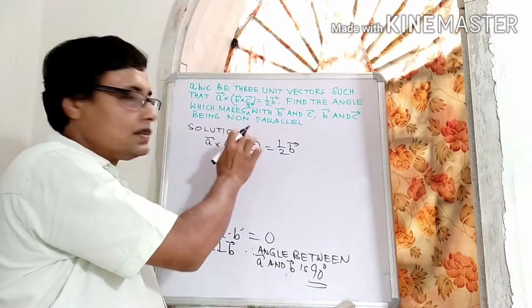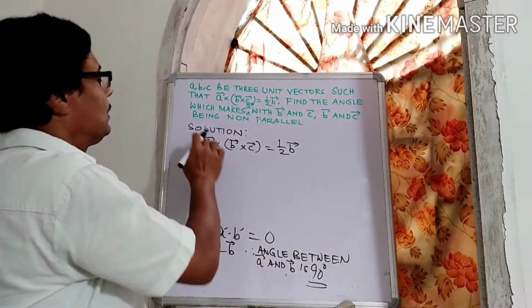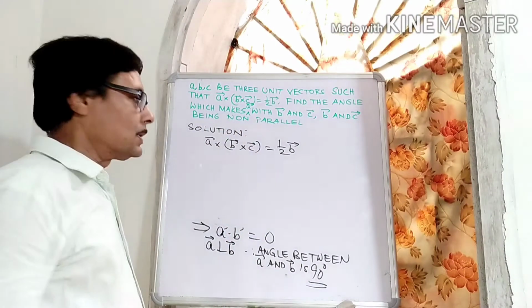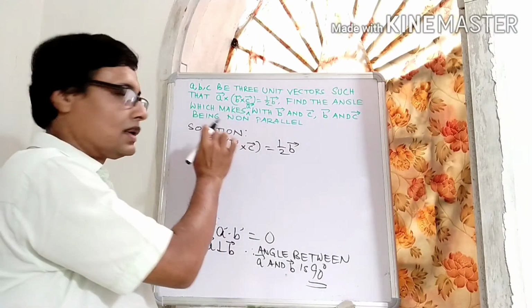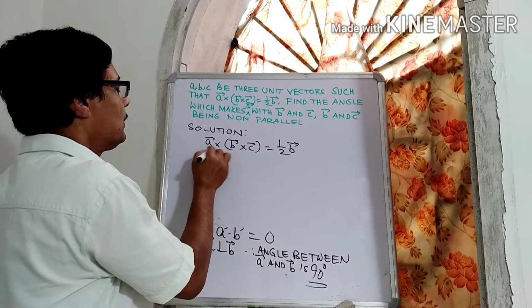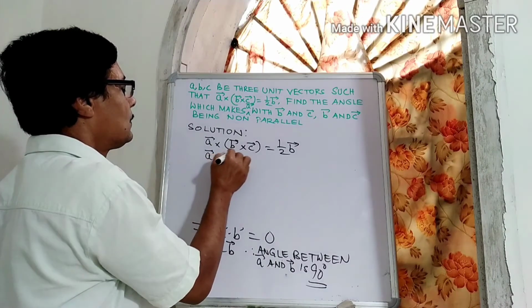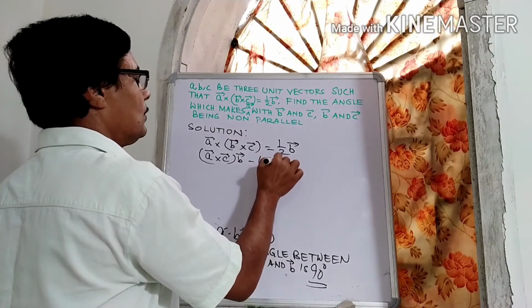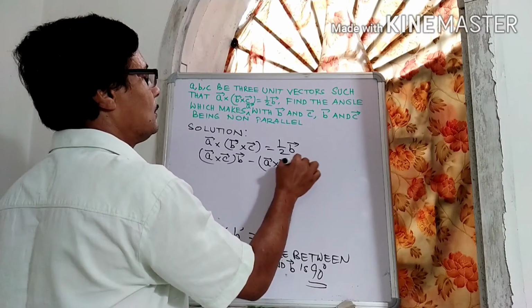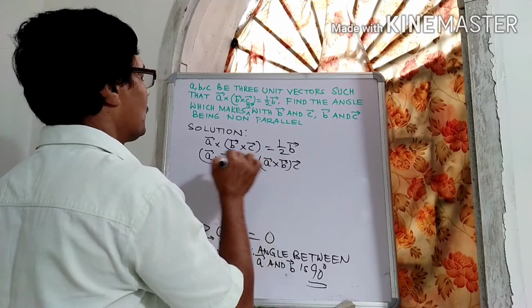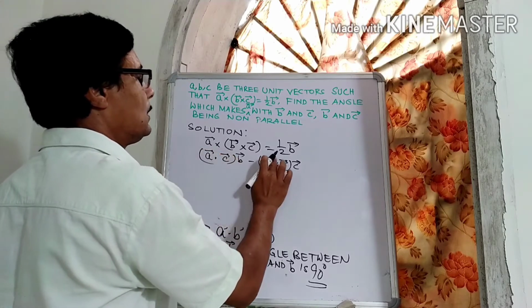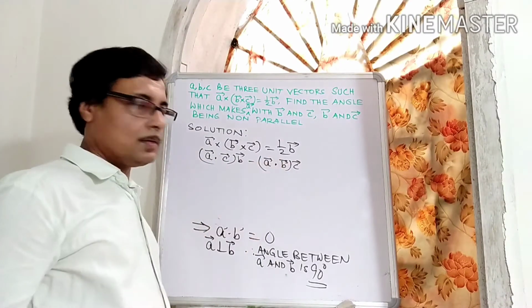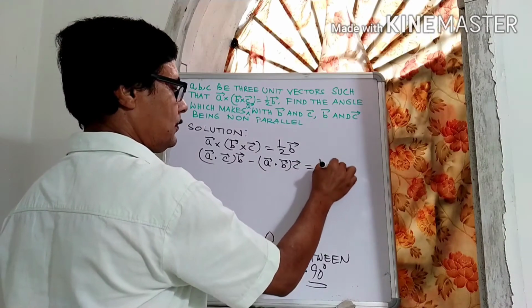We know the formula for the expansion of the vector triple product: (A dot C) B vector minus (A dot B) C vector equals half B vector.